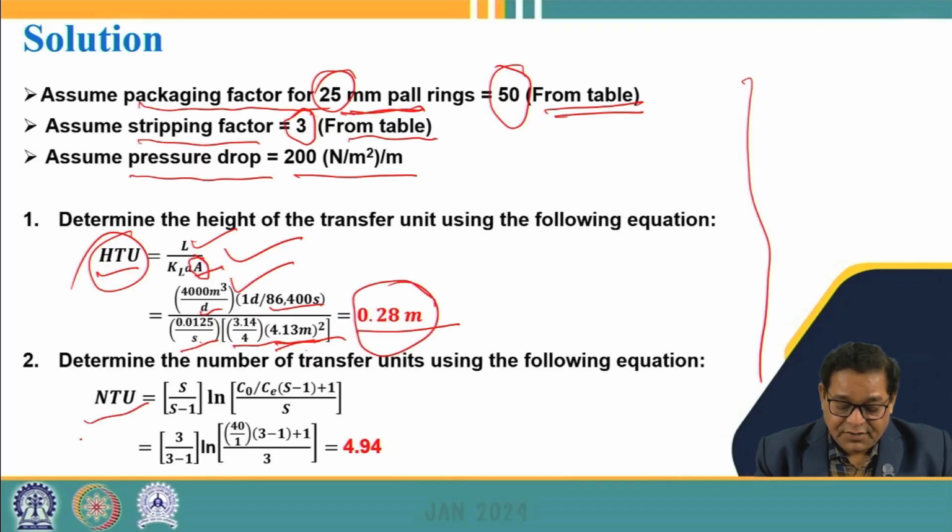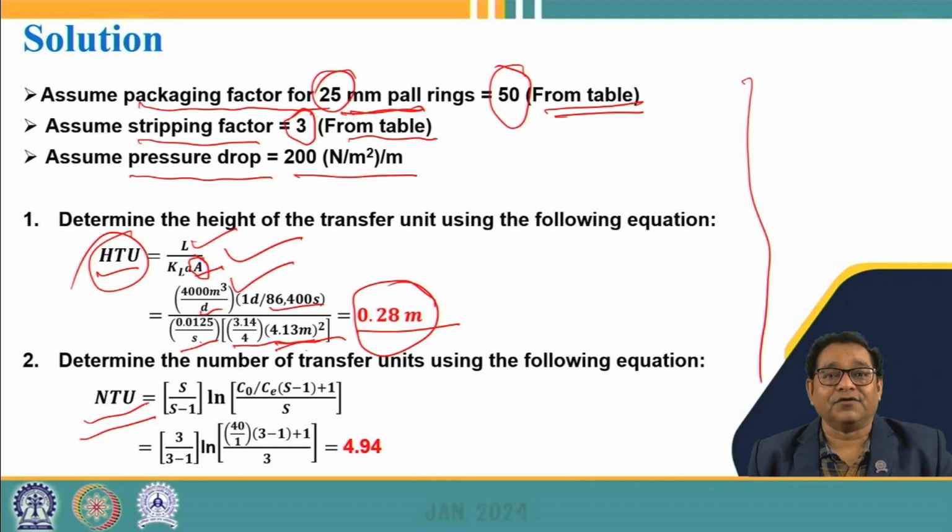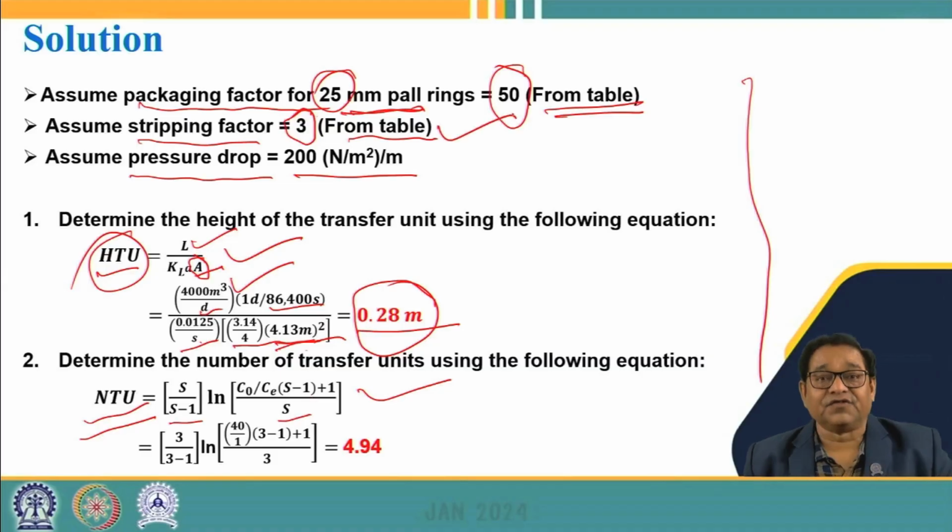Then similarly we can find out the number of transfer units, for which we can use this equation: S divided by S minus 1, log of C0 divided by Ce into S minus 1 plus 1 divided by S. Here, the value of the stripping factor we have assumed equal to 3.